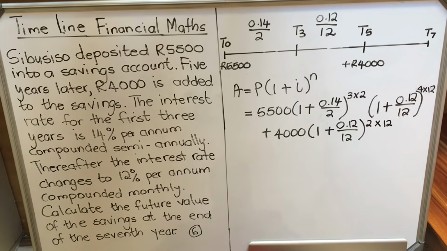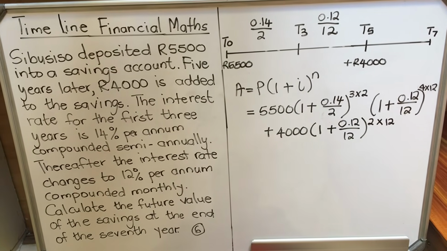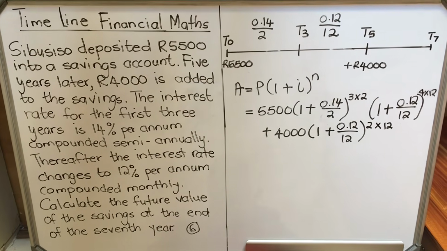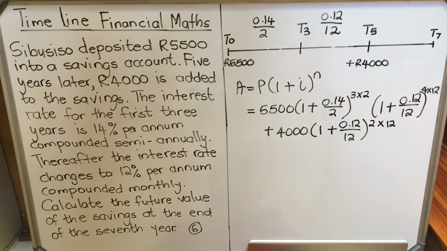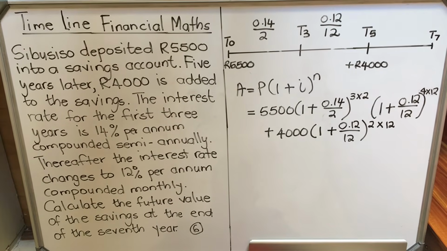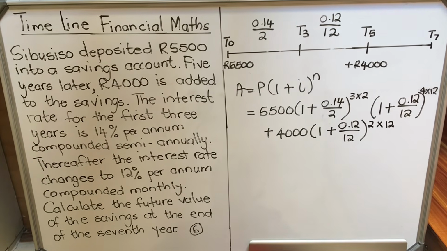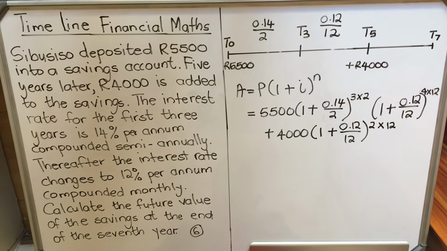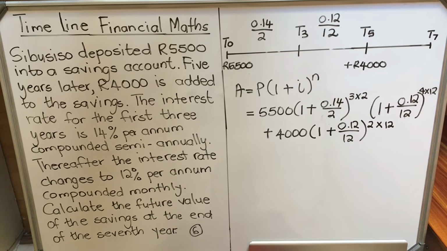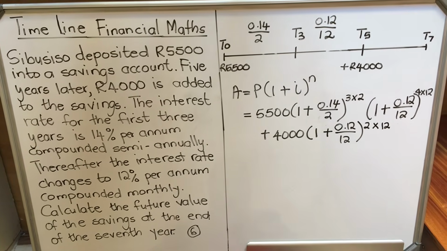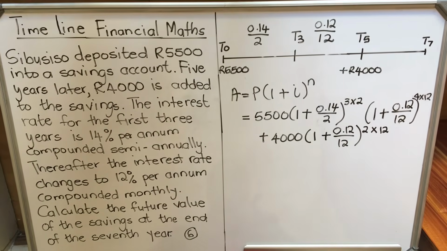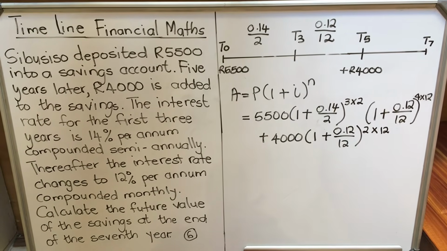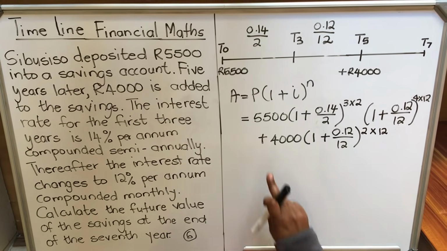We punch in 5,500. Then we open our bracket. 1 plus fraction 0.14, go down 2, close. Then the power, 3 times 2, go out. Then open bracket for the next fraction. 1 plus fraction for the next interest, 0.12, go down 12, power 4 times 12, and then we put a plus for this one.